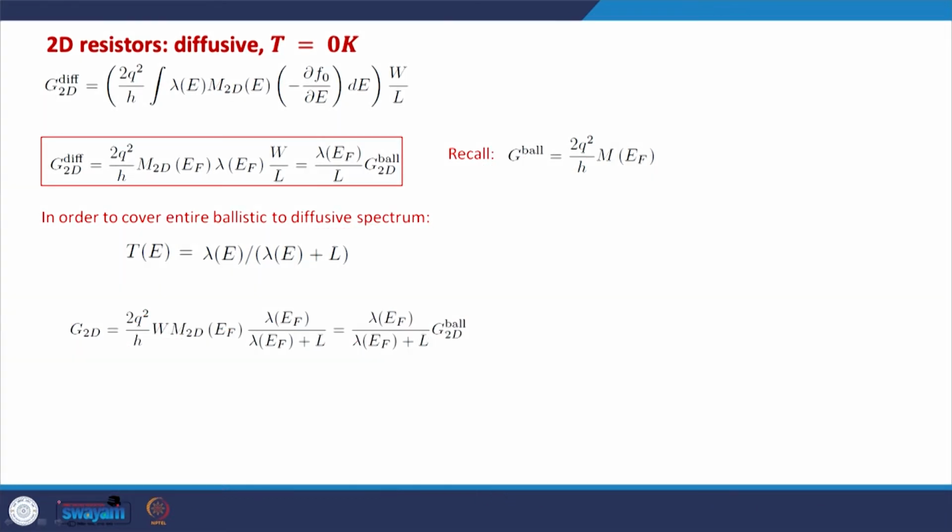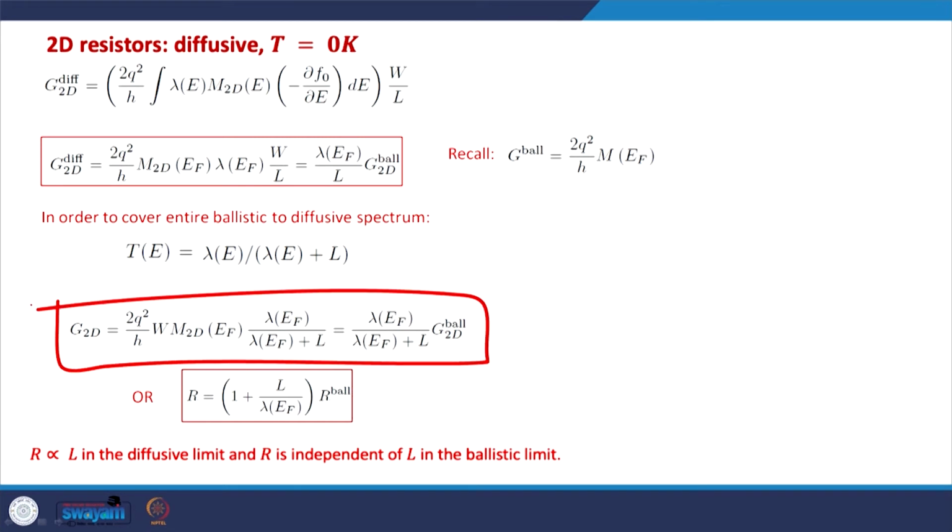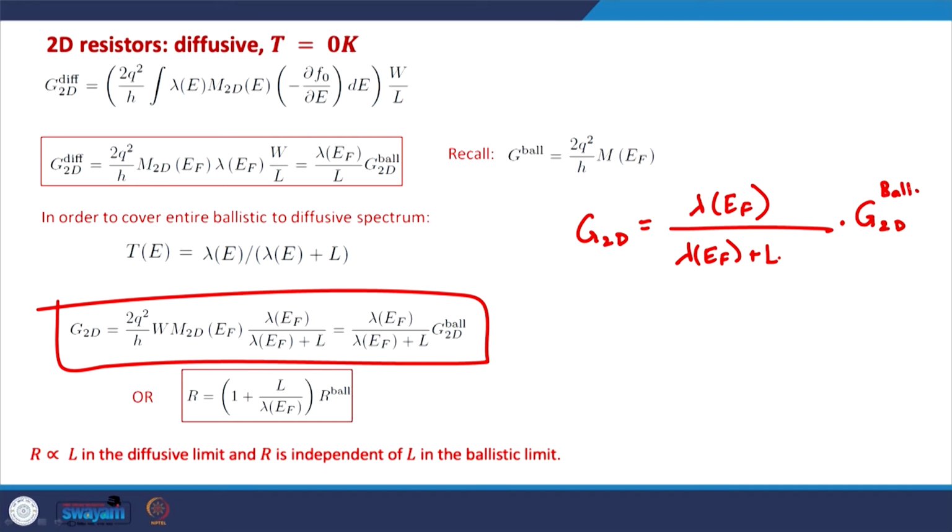As always, the calculations at T equal to 0 Kelvin are not difficult, and this is how it would look. We can also write it down as G2D is lambda(EF) divided by lambda(EF) plus L, times the G2D ballistic conductance.